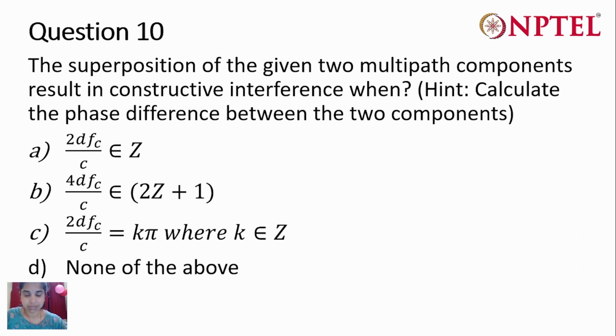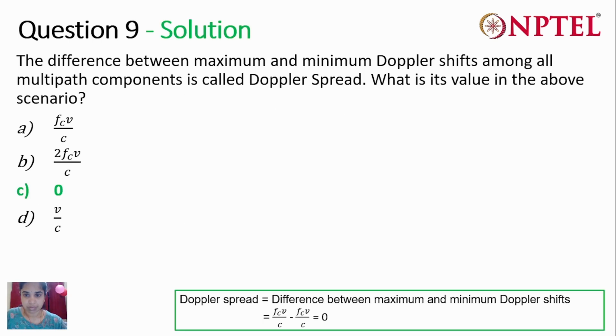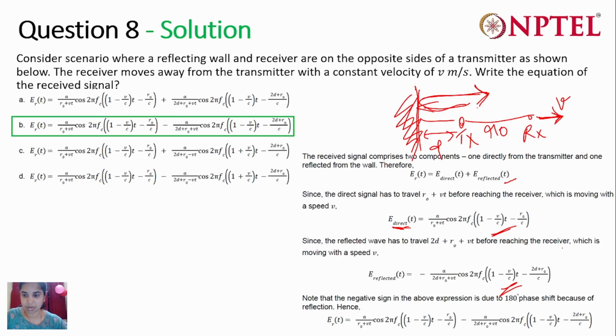Is the question clear? I'm going on to the equation. So when can constructive interference occur?